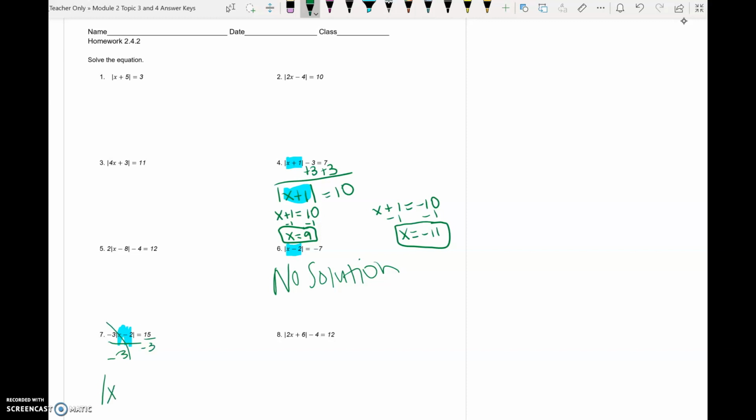So I have a distance of x minus 2 is equal to negative 5. So my distance is by itself, but negative 5. I want you to think about, does this even have a solution? It does not. This is a no solution again.